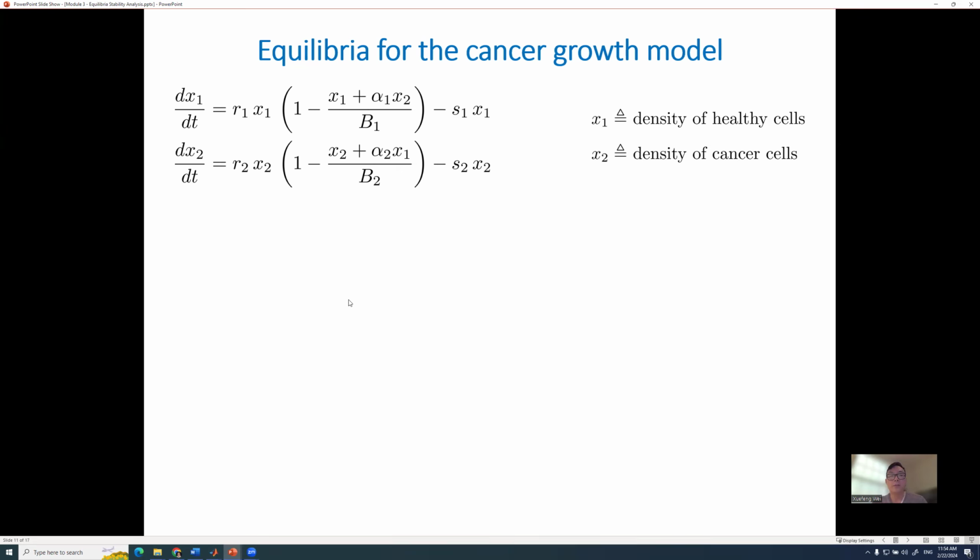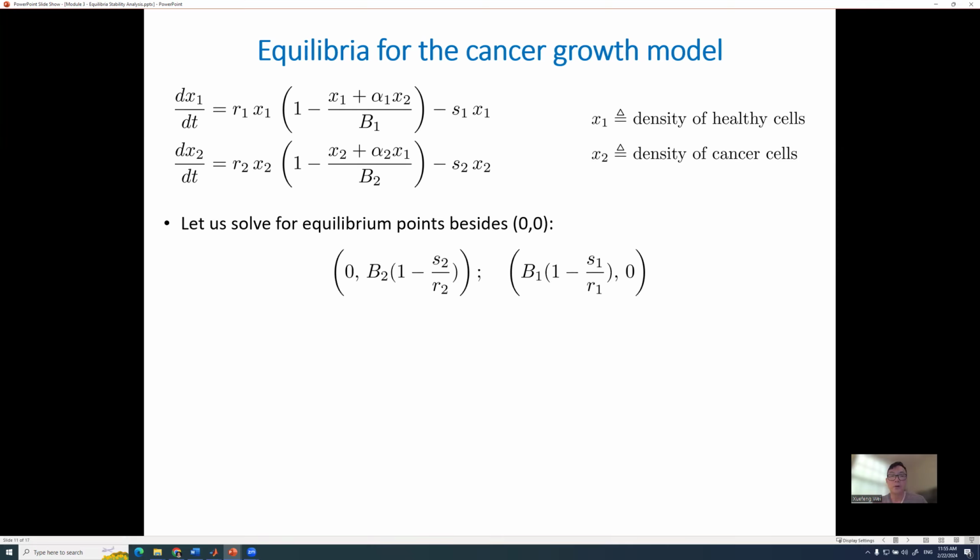Other than the zero point, which is an obvious but trivial equilibrium point, there are two other equilibrium points. These two equilibrium points represent two opposite conditions.